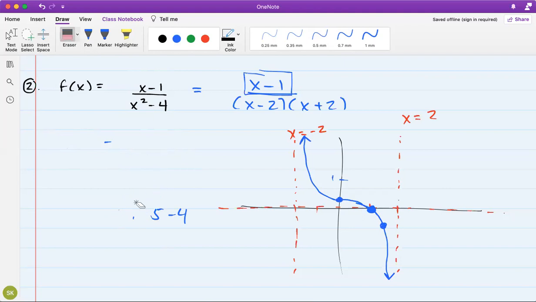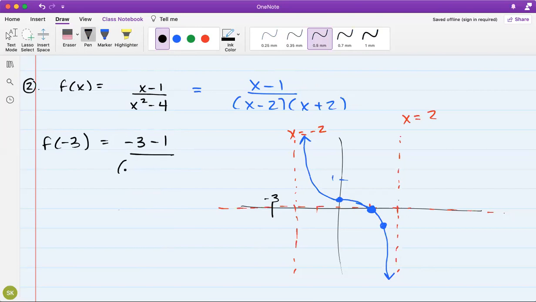The next thing we're going to do is plot something over here and also over here. If this is -2, we need to pick something a little bit smaller, like -3. We're going to plug that into our function and see if we get a positive or a negative number. So -3 minus 1 over -3 squared minus 4. This will give us -4 over 9 minus 4, which is -4/5.